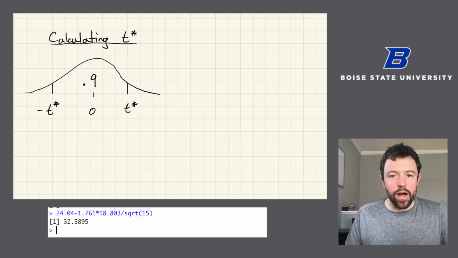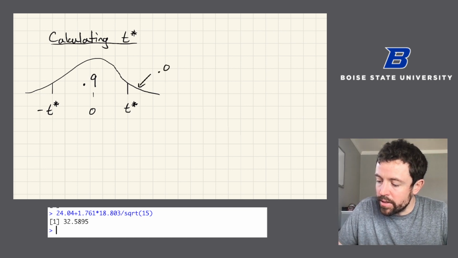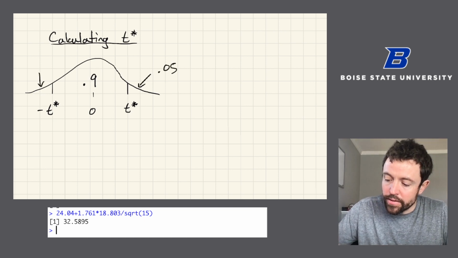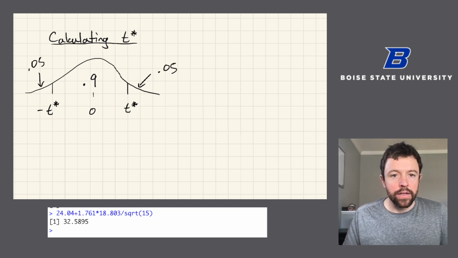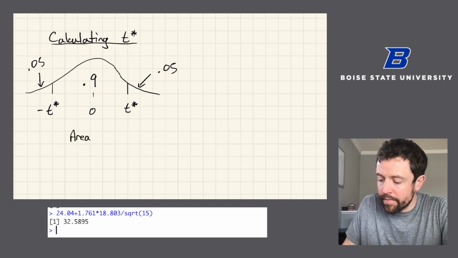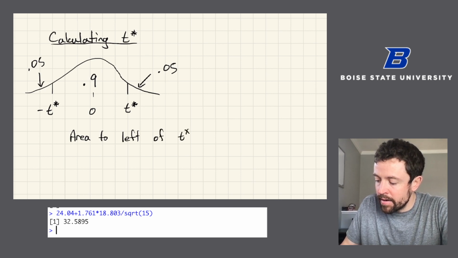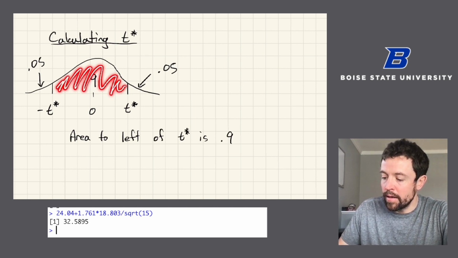And if you keep labeling areas, you realize that these two outside areas each have to be 0.05. We have symmetry, so they have to be the same area, but they have to add up to 0.1. And then when you look at this, you realize that the area to the left of T-star is 0.9, that's this first part, plus 0.05.